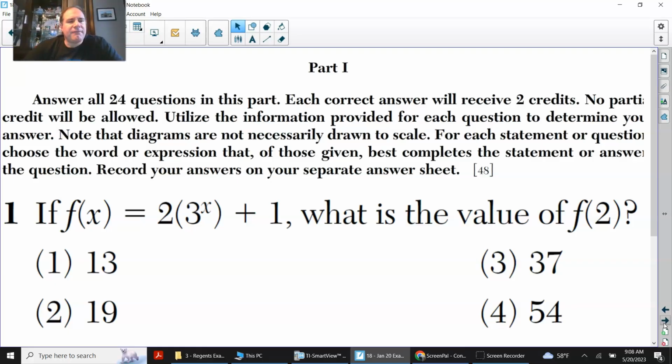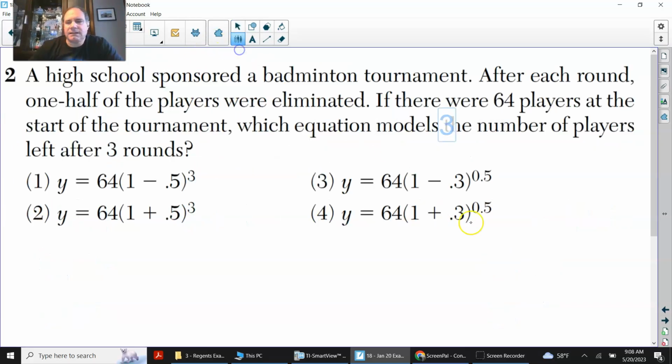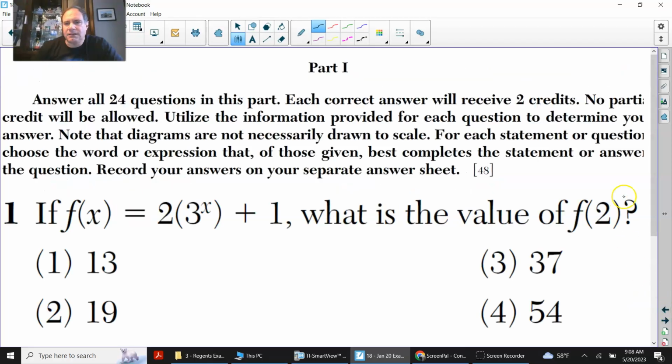All right, number 1. If f of x equals 2 times 3 to the x plus 1, what is the value of f of 2? We're going to have to substitute. Anything that is inside the parentheses, I want you to think of that as the input.